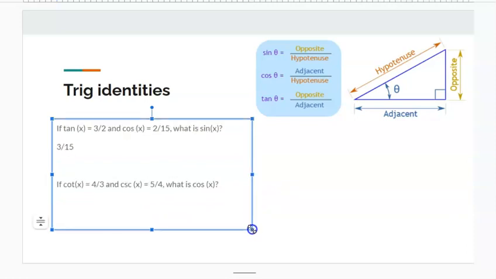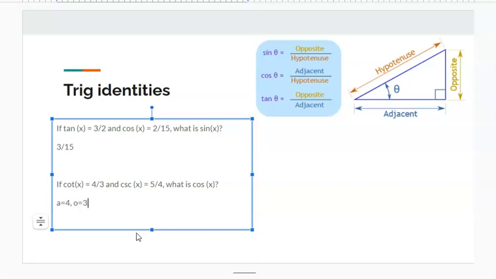Now, the next question is a good one. Let's say I know that cotangent x is 4/3 and secant x is 5/4. What is cosine x? So writing this down, cotangent is the reciprocal of tangent, so that would be adjacent over opposite. That means the adjacent is 4, the opposite is 3.